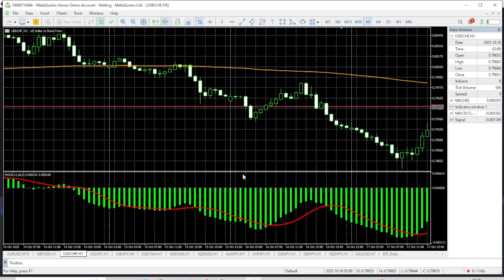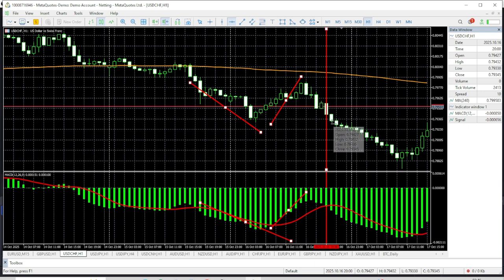Then it advances, and there must be a pullback into the EMA without touching the EMA, and the MACD histogram also pulls back. Then the first histogram bar that comes out, the candlestick corresponding to it, becomes our entry.